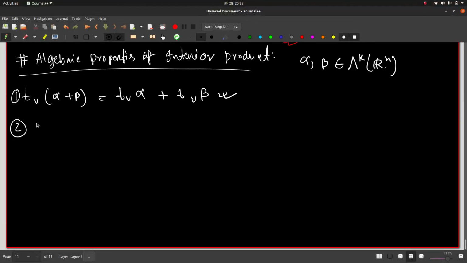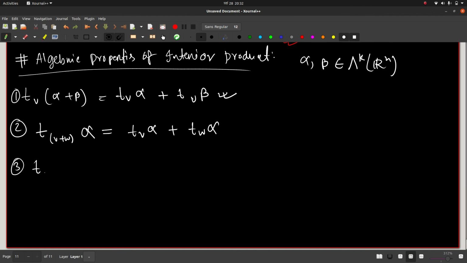Similarly, if you take two vectors instead of just v and you add them up, let's say v plus w, now you are considering two vectors and you want to find this interior product. This will just be d_v alpha plus d_w alpha, like this. And there is another property.